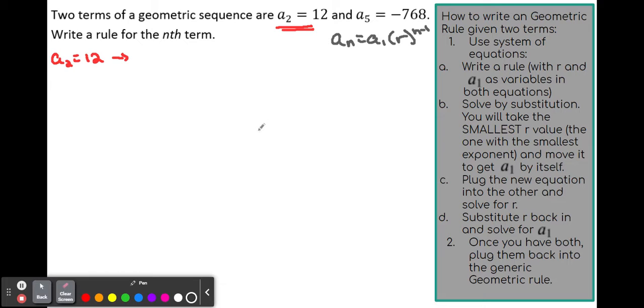Notice you're going to keep A1 and R as their variables, because that's what you need to solve for. Okay. So this becomes 12 equals A sub 1 times R to the first power. Take the second one, do the same thing.